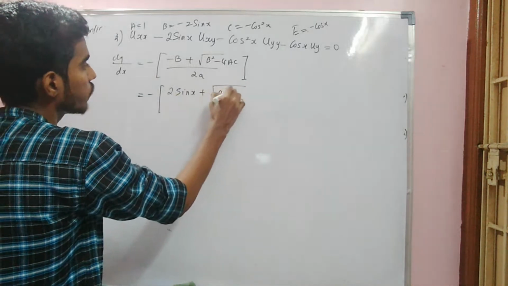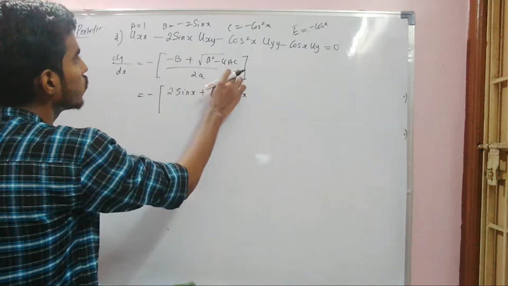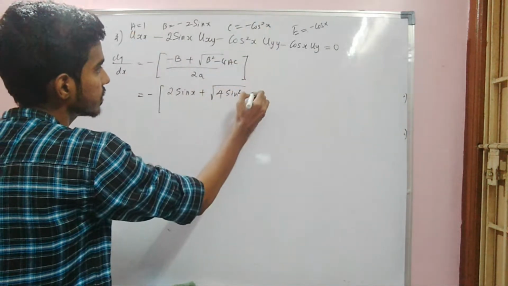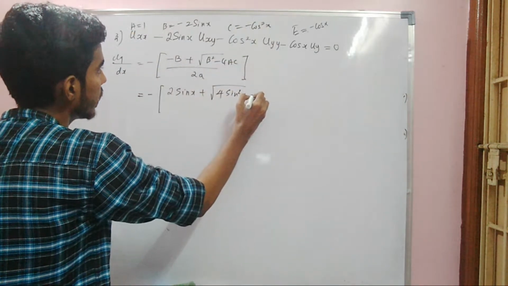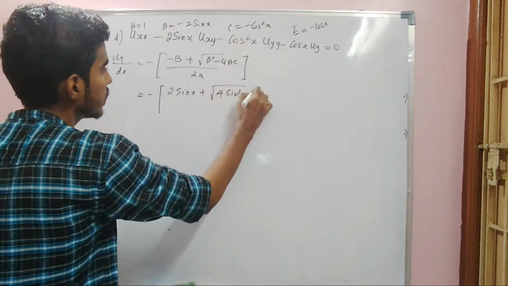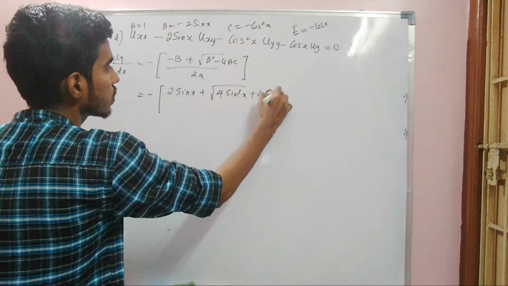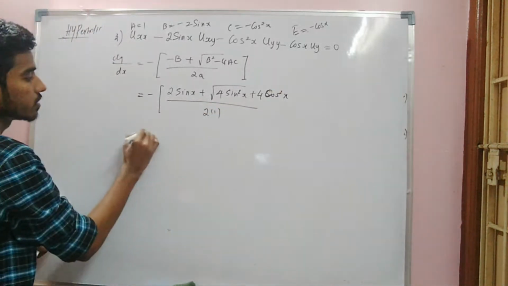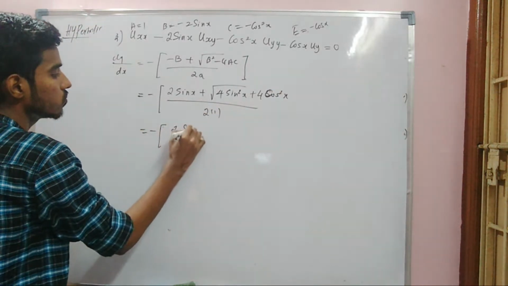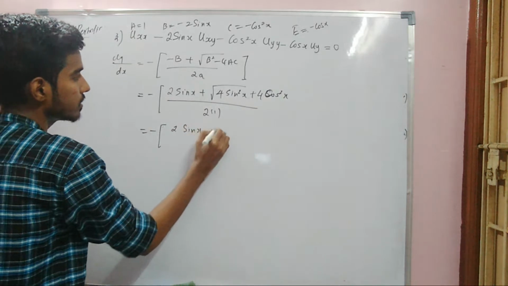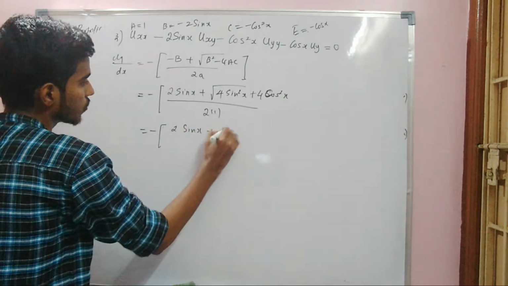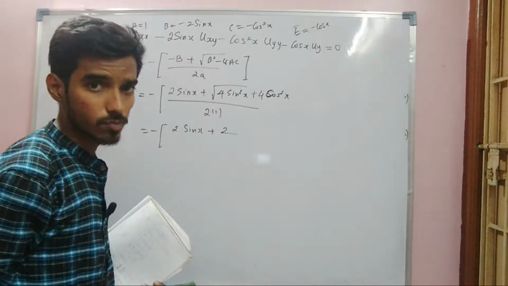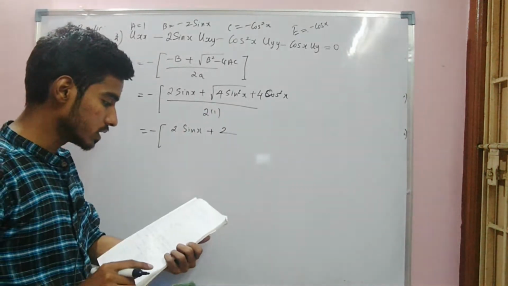So b square will be 4 sin square x, and 4ac with a as 1 and c as minus cos square x, so we will have plus 4 cos square x, divided by 2 into 1. If I take 4 common here, we will have sin square x plus cos square x, which is equal to 1.